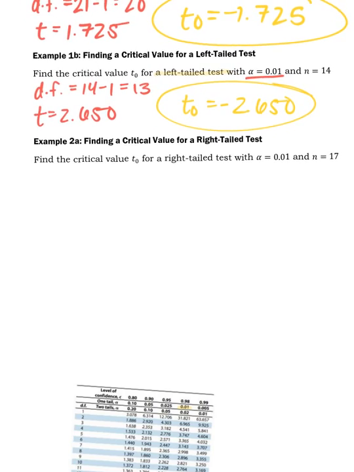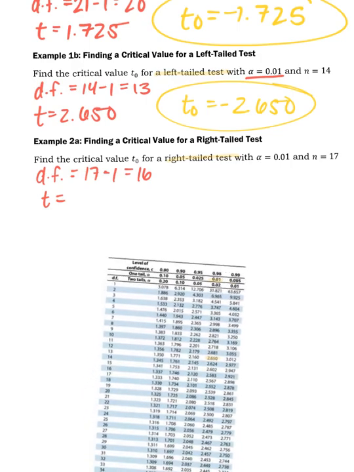Okay? All right, now we're going to try a right-tailed test. Find the critical value for a right-tailed test with a level of significance of 0.01 and a sample size of 17. So we have degrees of freedom: 17 minus 1 gives me 16. And then our t value, let's see what that would be.